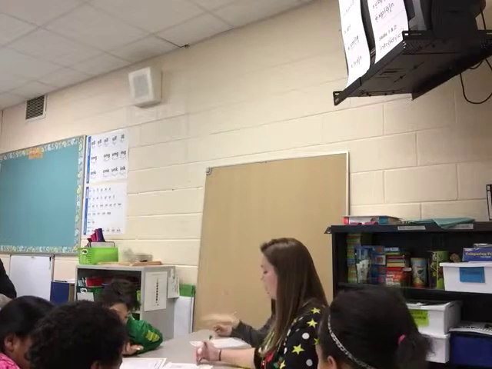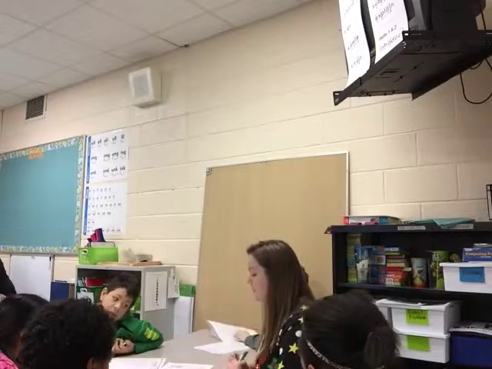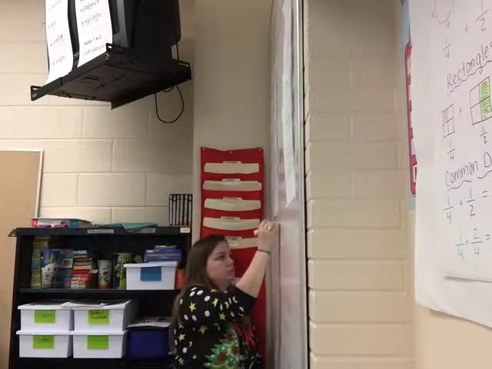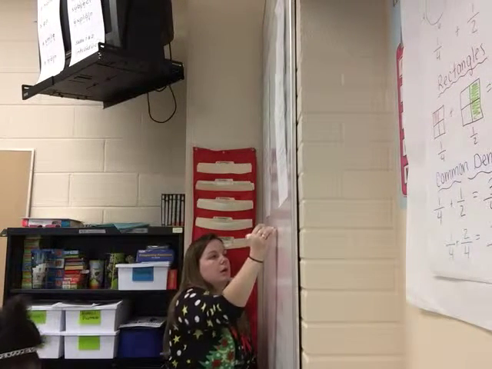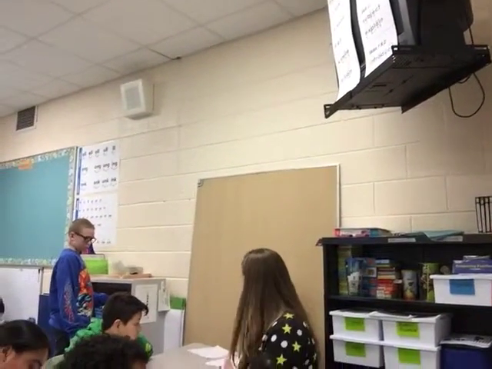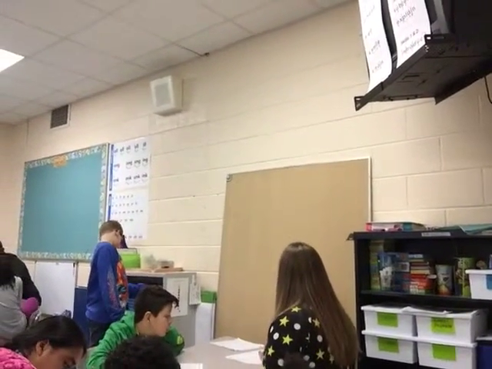Alright, so what we need to prove our answer, that the main idea is the ocean is full of creatures. So, what sentence starter can I use? Based on the text. Based on the text, love it. Alright, based on the text. Okay, so the first one is written in green.